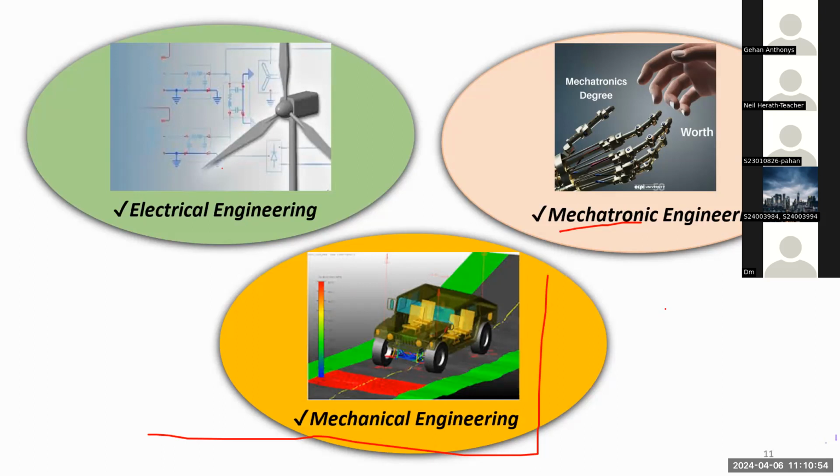Most engineering fields use computer software because nowadays computers are extremely powerful compared to 20, 30 years ago. Extremely powerful computers are available in the market, so they are trying to do whatever was not done previously.